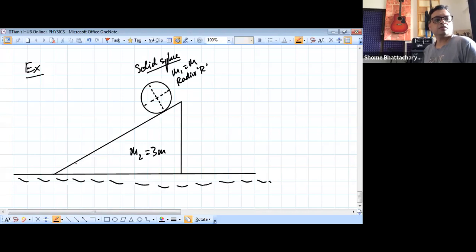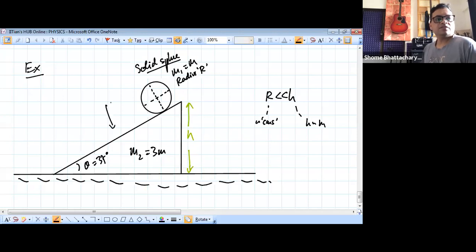Now, this angle is 37 degrees, and this height is h. So you have to actually imagine in the figure that r is small compared to h. r is a few centimeters, and h is of the order of few meters. So it's negligible kind of thing.